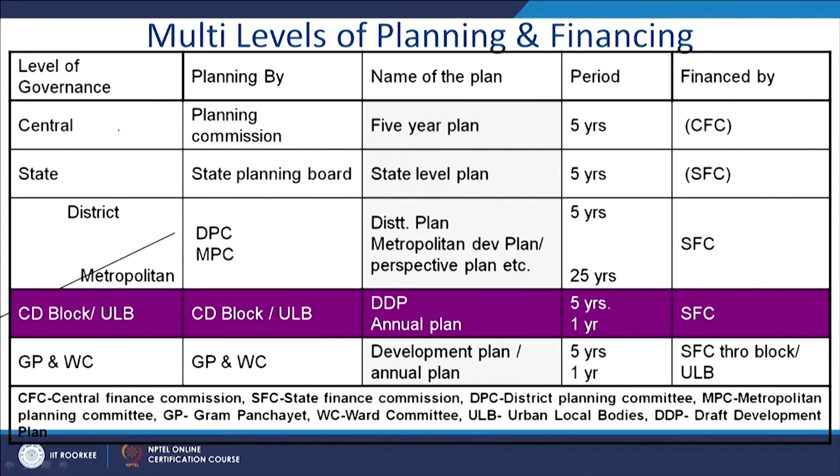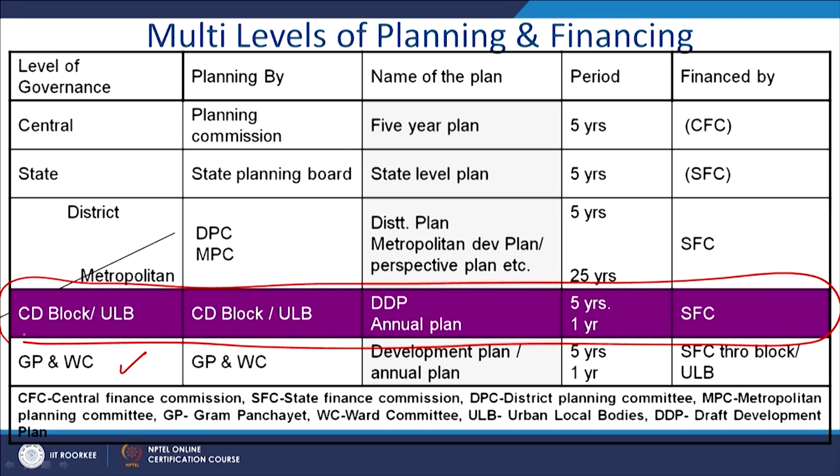On the left side you can see the central government, state government, district, metropolitan and urban local bodies level, and gram panchayat and ward committee level. So, we are discussing this level right now. Planning is conducted by the central government by the Planning Commission, and now it is Niti Aayog.